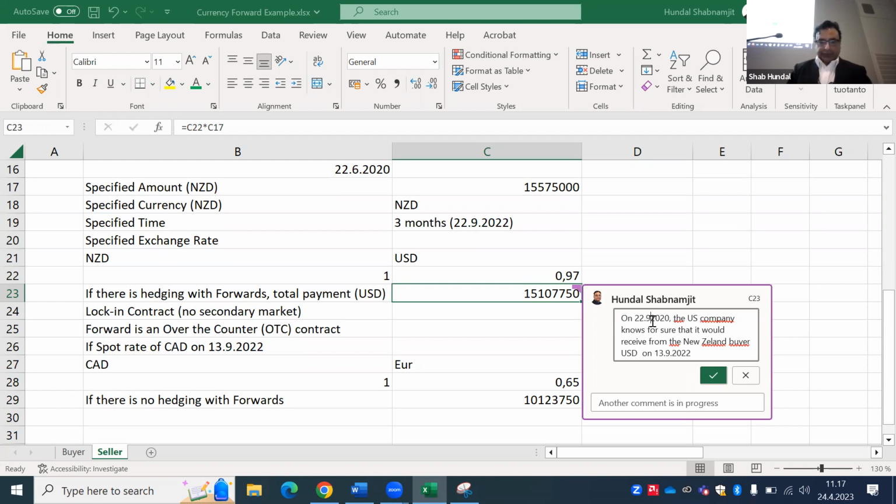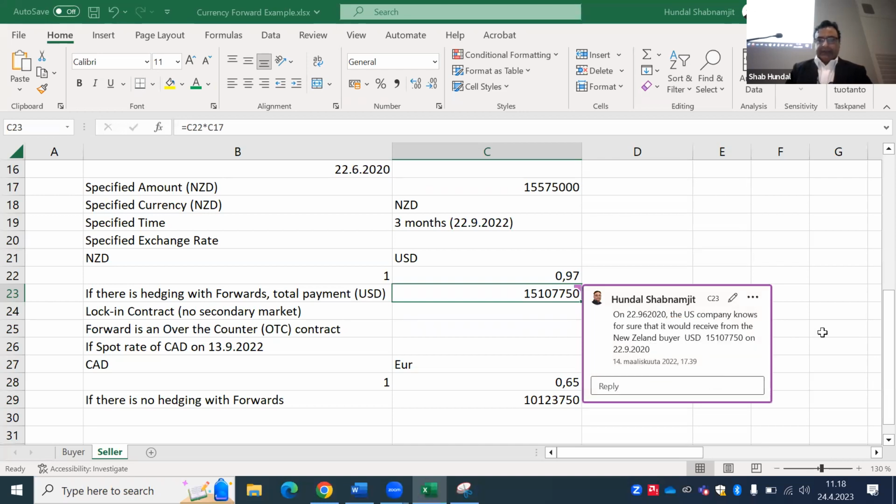So this was June. USD 1510.775 USD on 22nd of September. So I'm just changing the comment, otherwise nothing much I'm going to change.